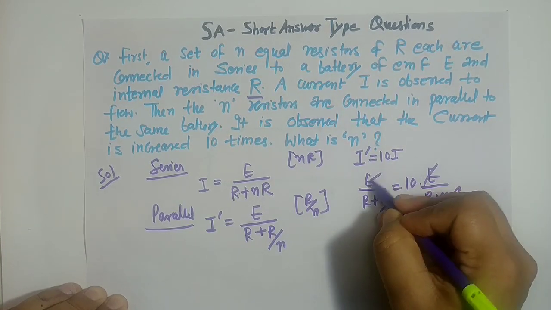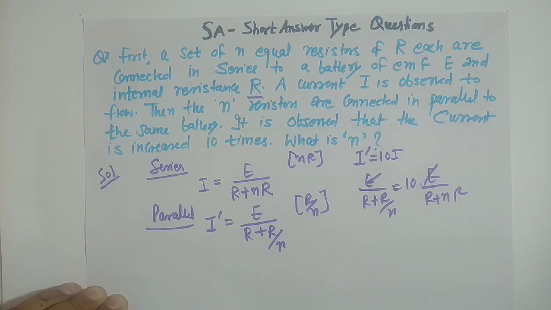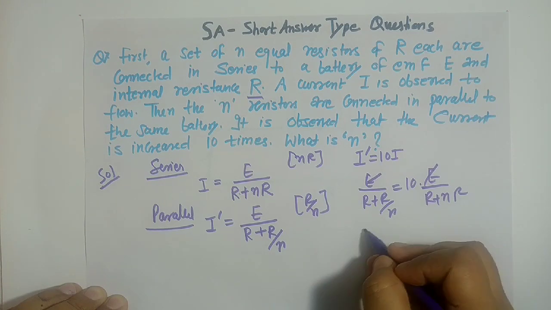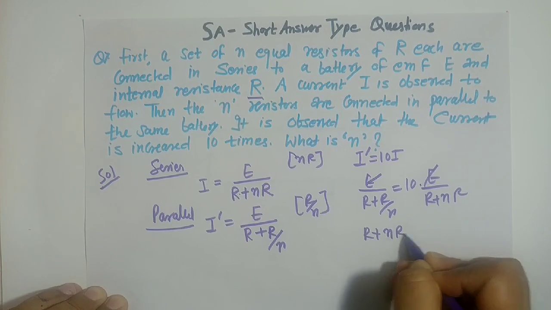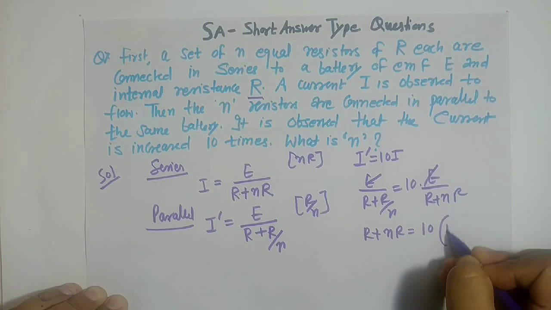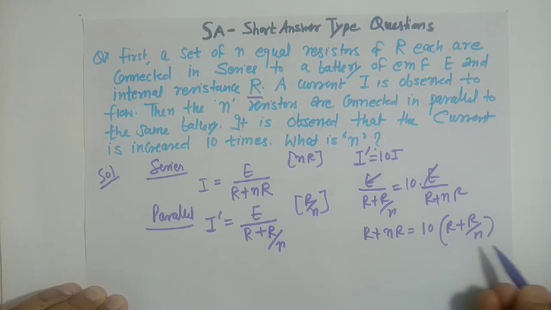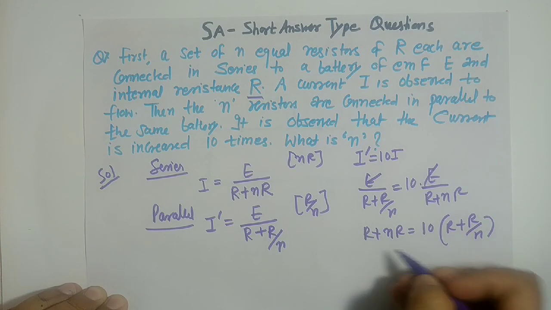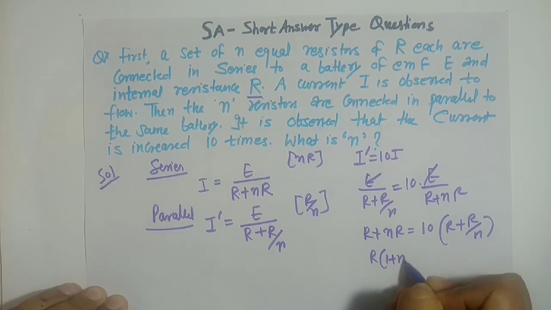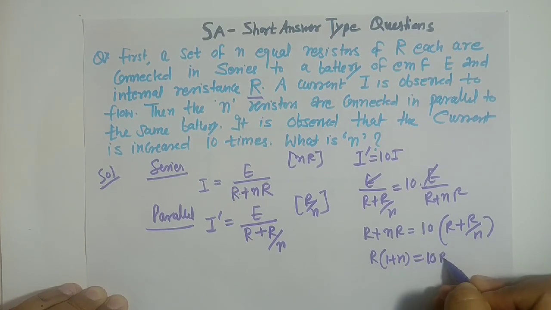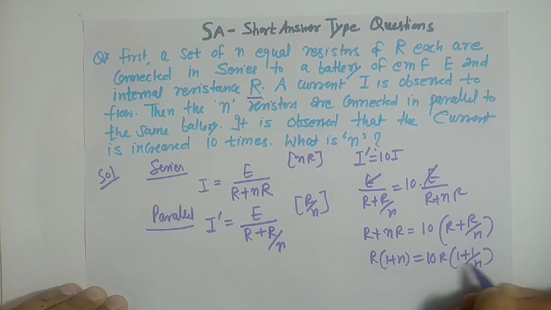So solve it out. If you solve it, R plus nR will be 10 times R plus R by n. Are you getting it? And then you equate them. You take the common R, (1 plus n) and here also R(1 plus 1 by n).